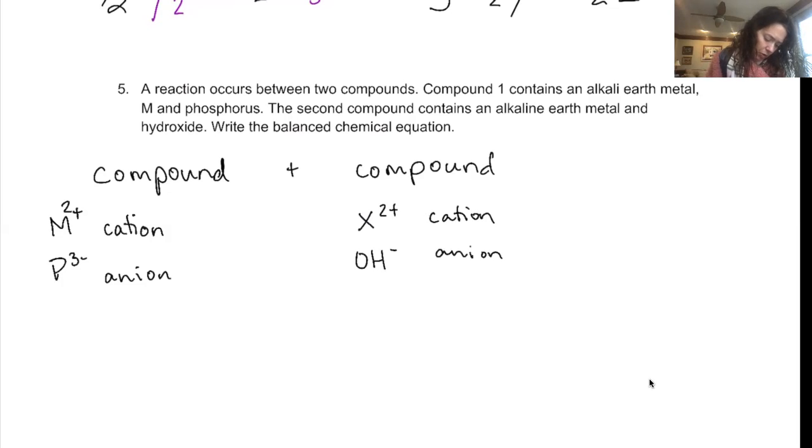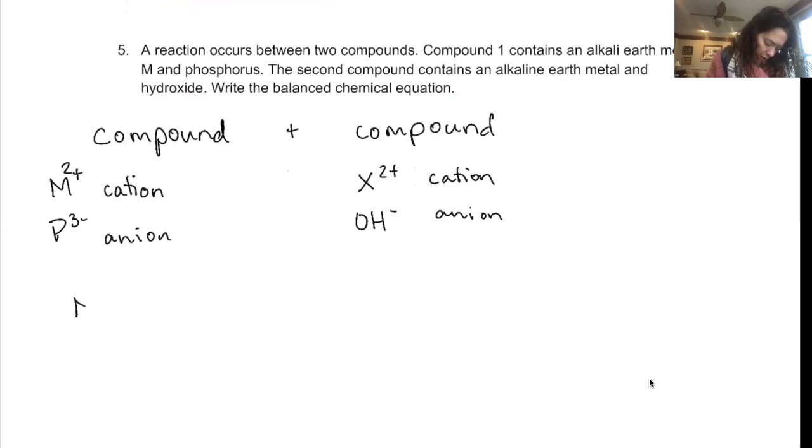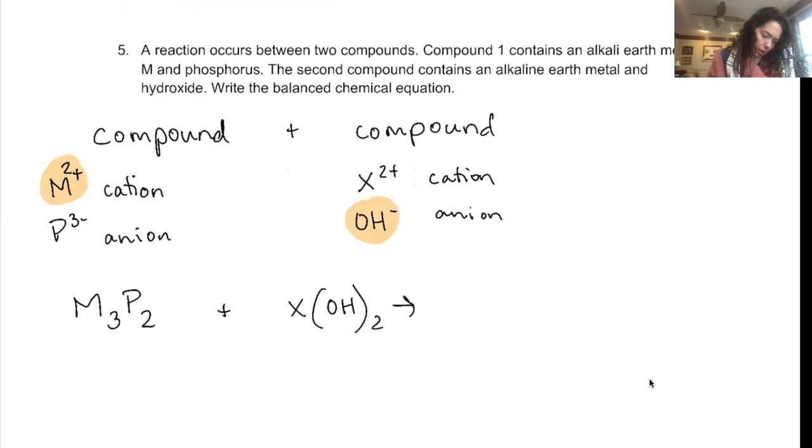Write the balanced chemical equation. Well, over here, I would have M3P2, right? Crisscross. And X(OH)2 yields. Now, realize how easy this is. I'm just going to put him with him.